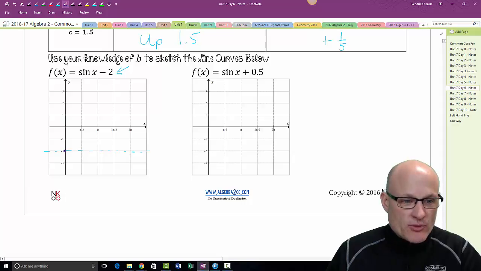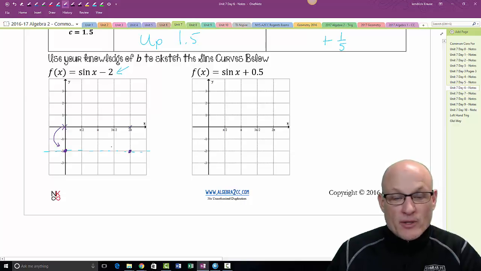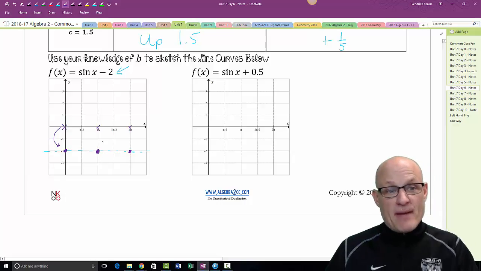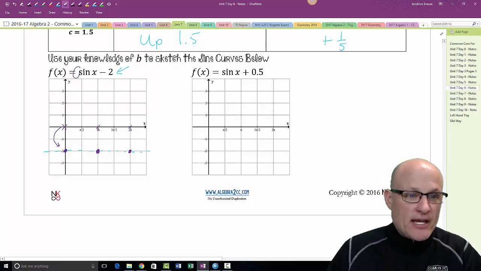This is where we're going to start, because normally we would start here, but we're shifting down 2 units, so we'll start here. Normally I would end here, but we're going to shift down 2 units. Normally in the middle I would be right here, but we're going to shift down 2 units. That's why we put this midline in. In between those, our max and mins are our A values.